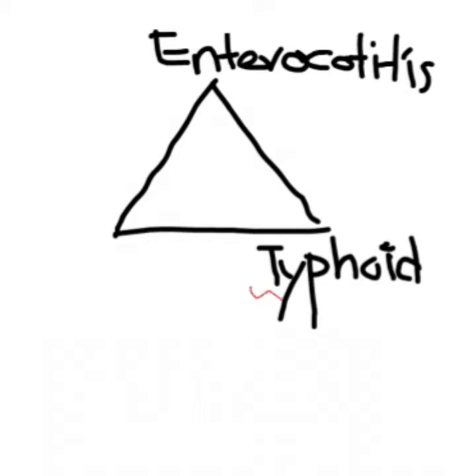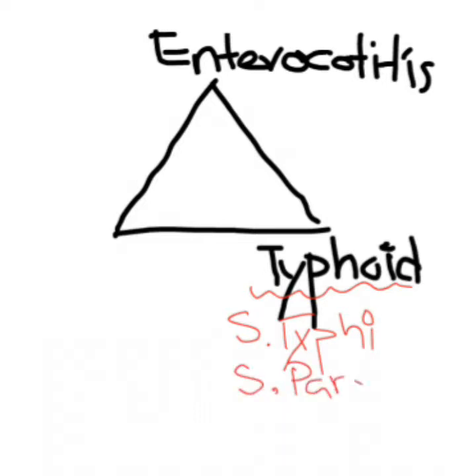Now, the clinical features present in typhoid. The causative organisms of this genus are S. typhi and S. paratyphi. This disease has a very slow onset, and it starts with a fever and constipation in the first week.